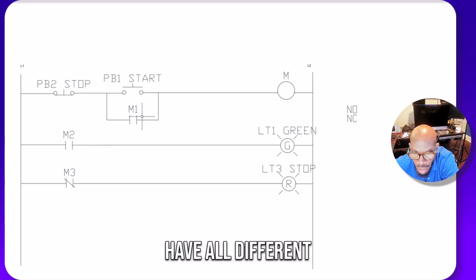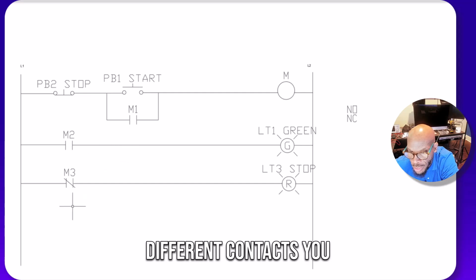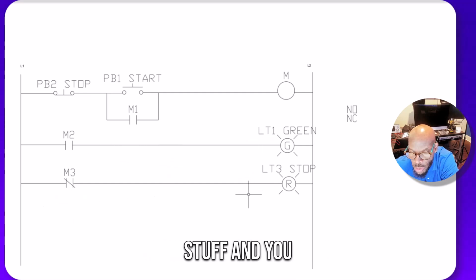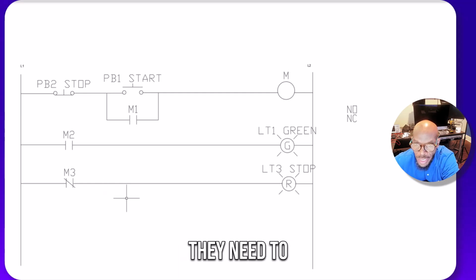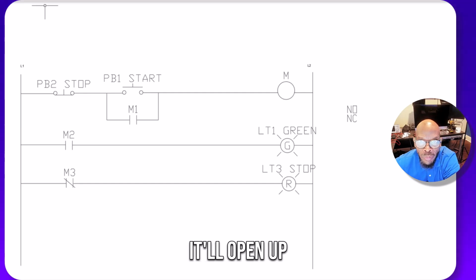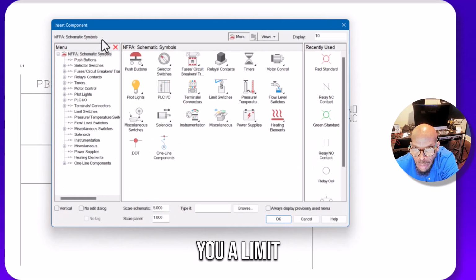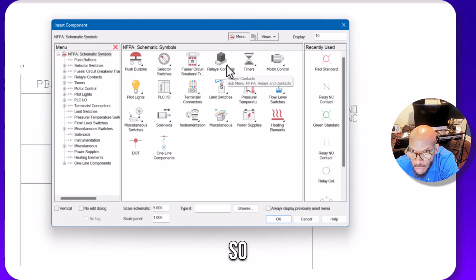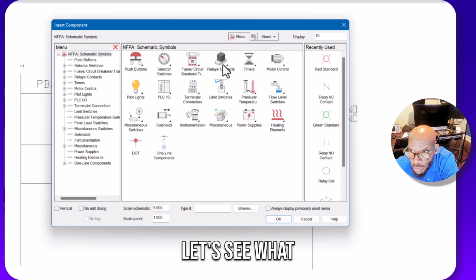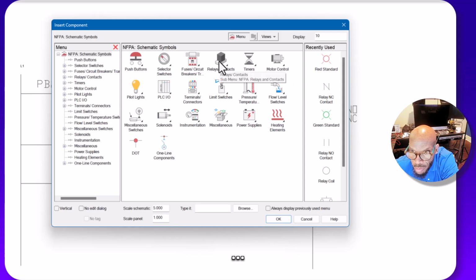Now, you can have all different kinds of fancy contacts that make this thing do stuff. You may have a limit switch in there that, after the motor gets so far, opens up the relay. So let me add a limit switch in there. Let's see what we have here.